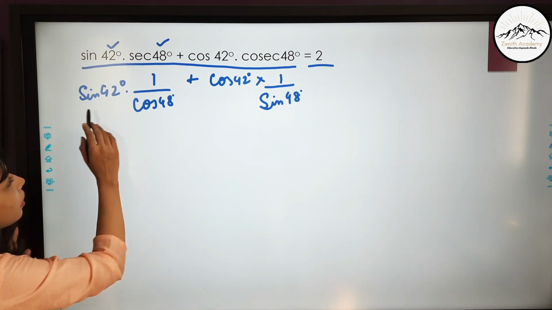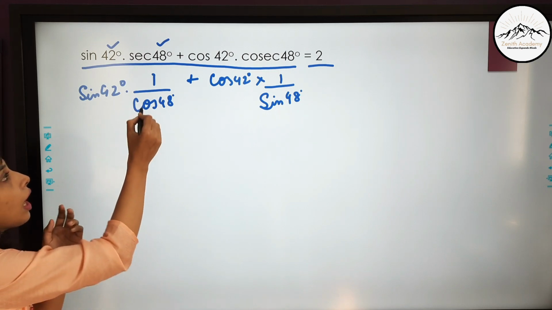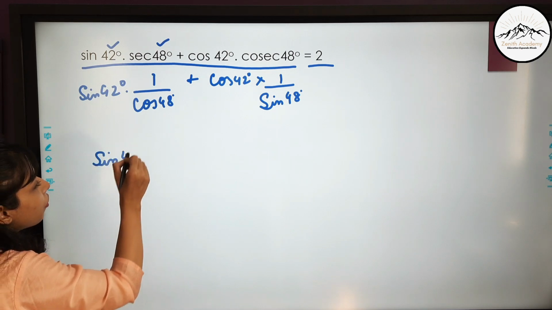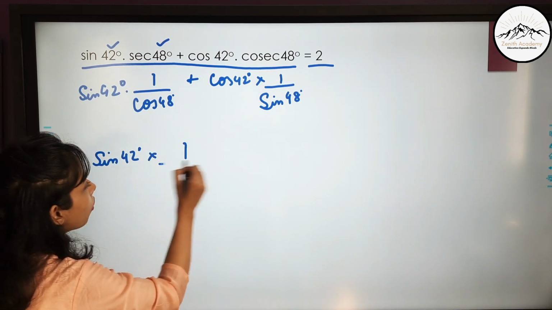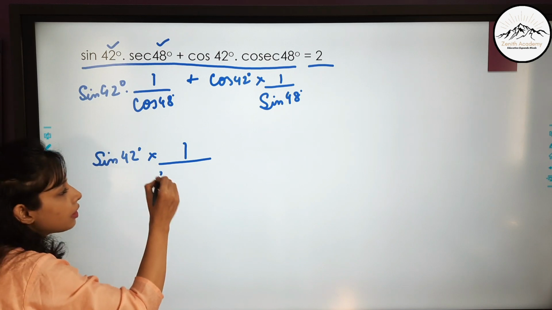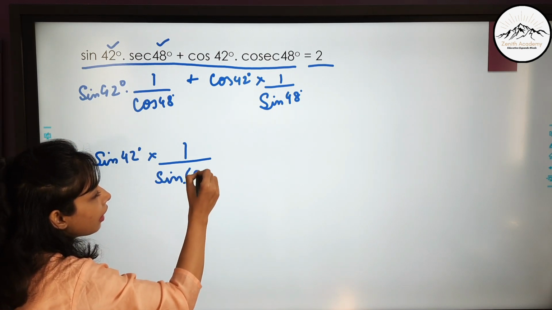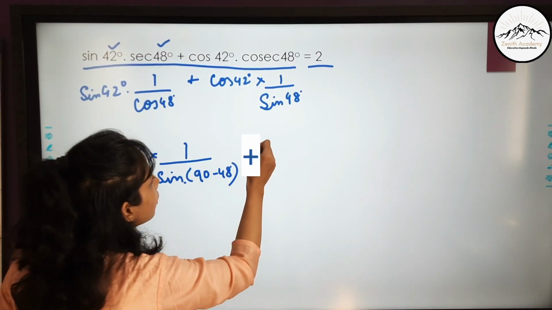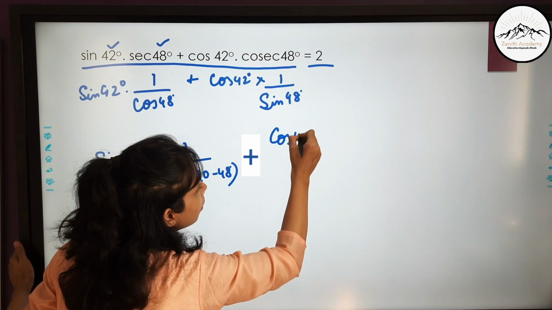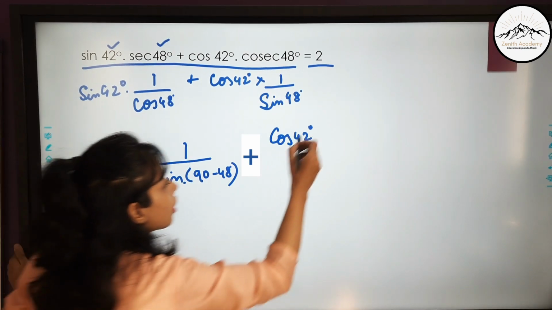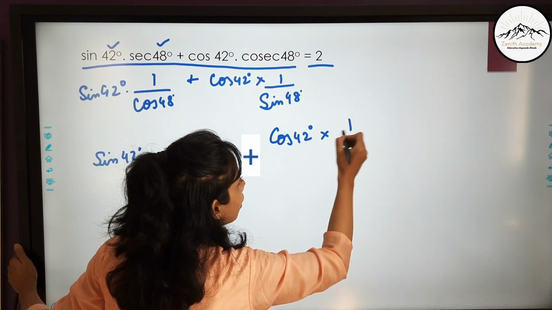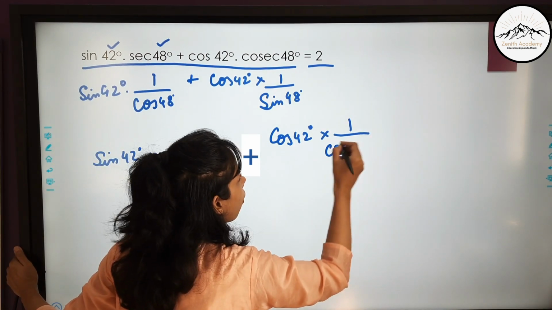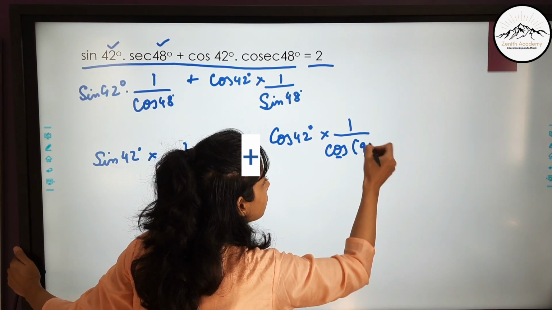Now for cos 48, I can write this in terms of sin, so sin 42 degrees into 1 upon cos 48 can be written as sin 90 minus 48, and for cos 42 into 1 upon sin we can write in terms of cos as cos 90 minus 48.